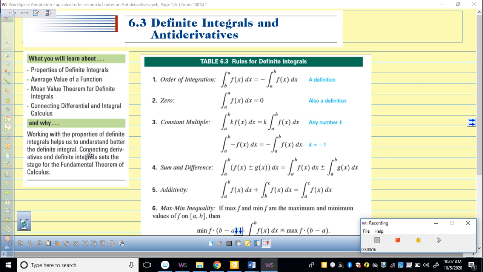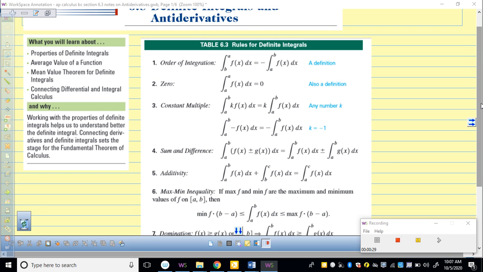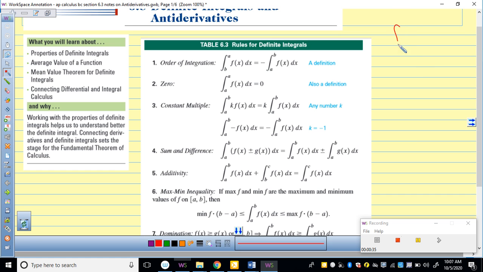So we start with properties of definite integrals. Now that we know the definite integral is the area under the curve, when we see something that looks like this, the definite integral from 1 to 2 of f of x dx, then we read that as the area under the curve from x equals 1 to x equals 2 of f of x dx.